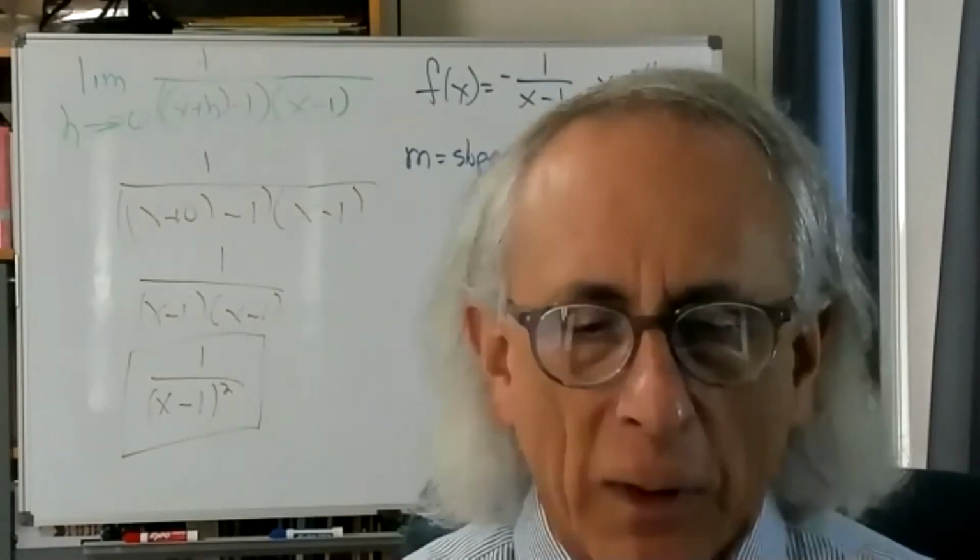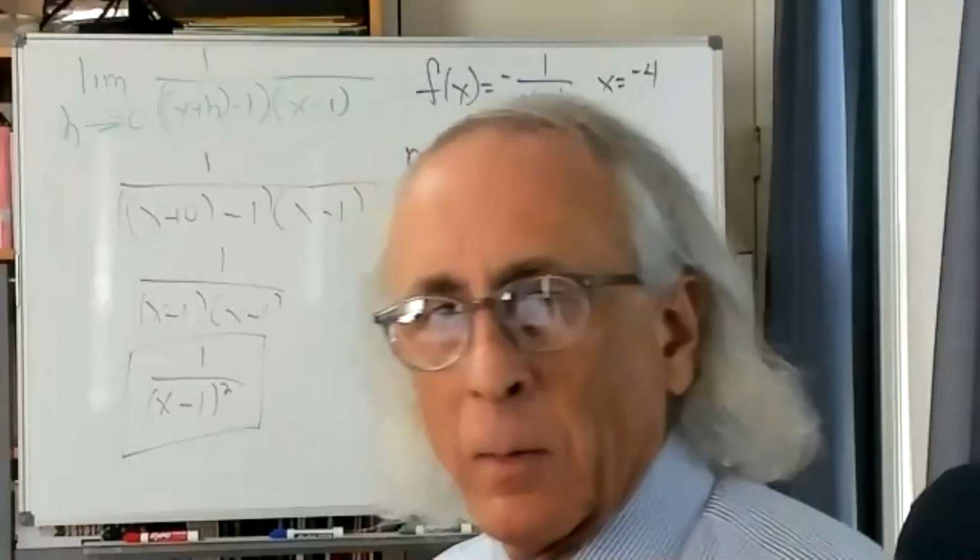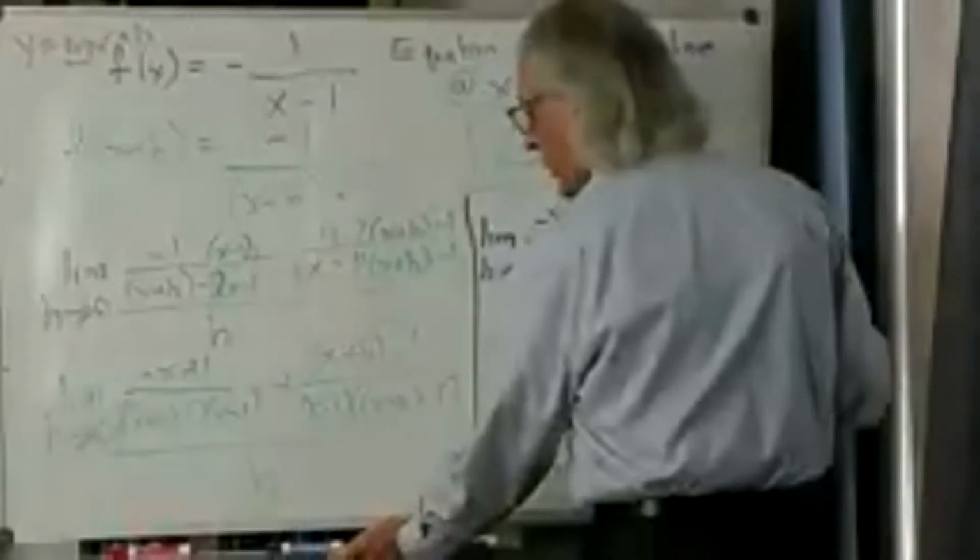Okay, so what's going on here? Mr. Jenkins, I have a question. Yes, please. For what we got for m equals slope, what happened to the negative sign in the numerator? Okay, so you're asking about this negative sign right here, yeah? Yes. Hope I didn't drop it. Let's see.